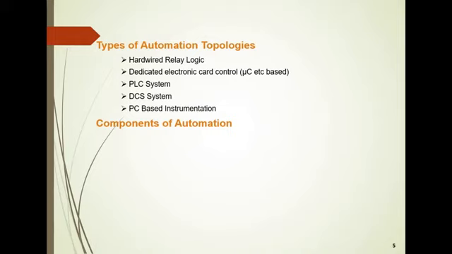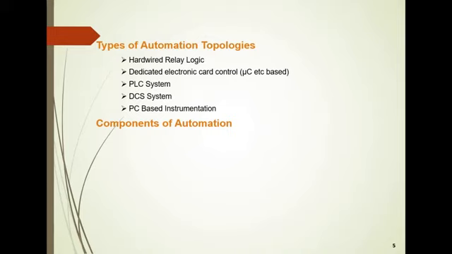DCS system automation means distributed control system automation. If you are using a DCS system and too many systems, then it is known as DCS system automation. Then there is PC based instrumentation. If you have done the automation using some PCs and instruments, that is known as PC based instrumentation.